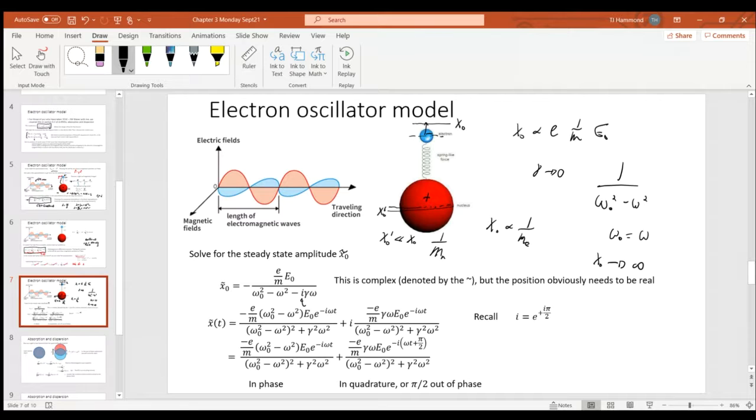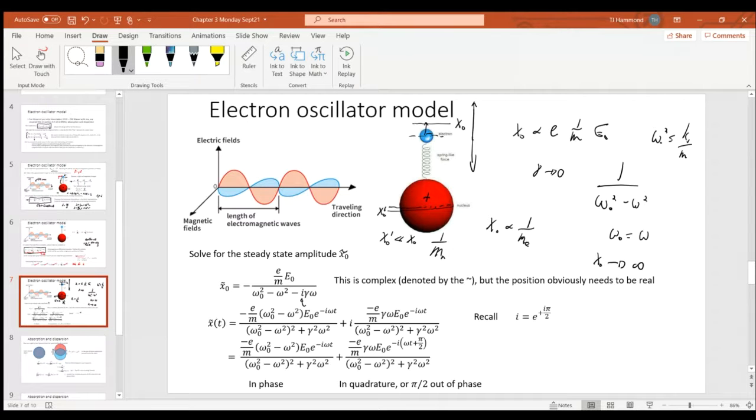So if we have no damping, if gamma is equal to 0, and if we've tuned our laser frequency omega right to omega naught, where omega naught squared is this k s over m, then if we're right on this resonance, the amplitude of this electron becomes enormous, and this thing moves around a lot, okay?